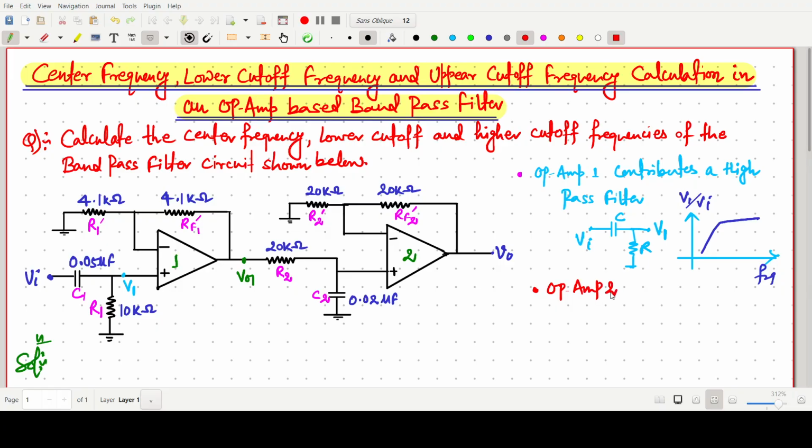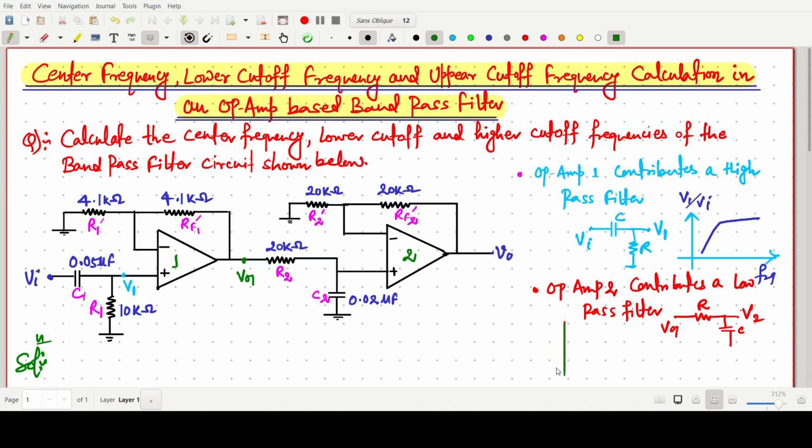I will solve one by one. Op-amp 2 contributes a low pass filter, which is of first order. In this one, R and C form the structure. I am saying this one is V2 and this one is our V01.